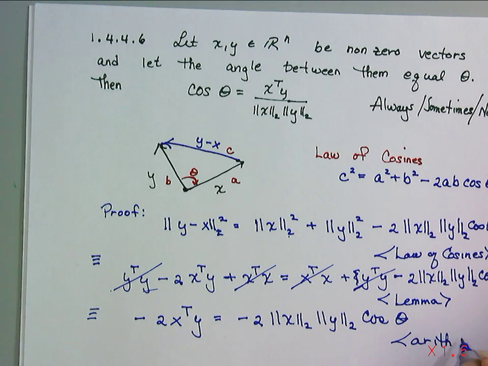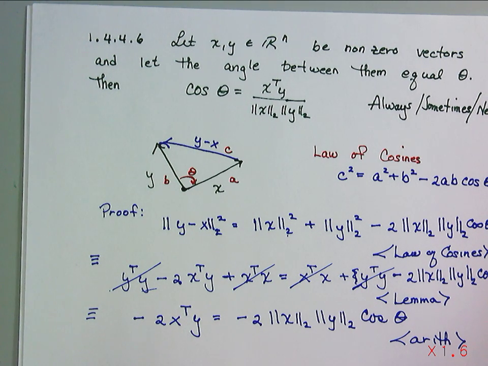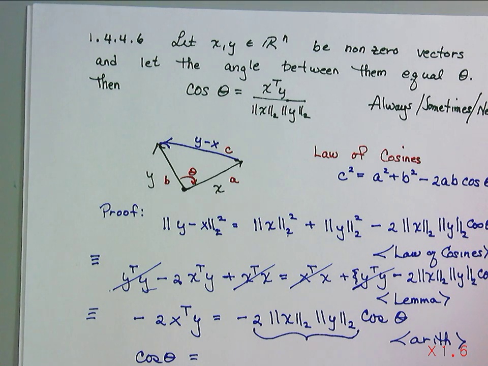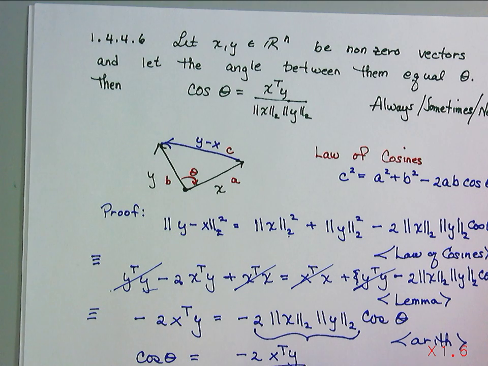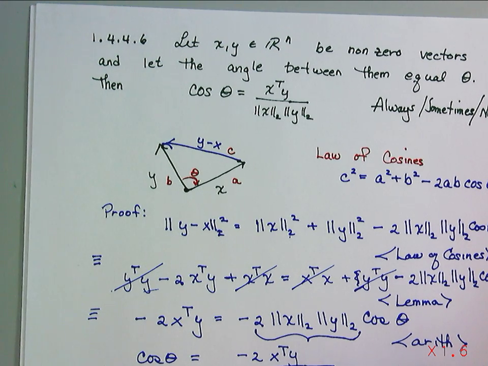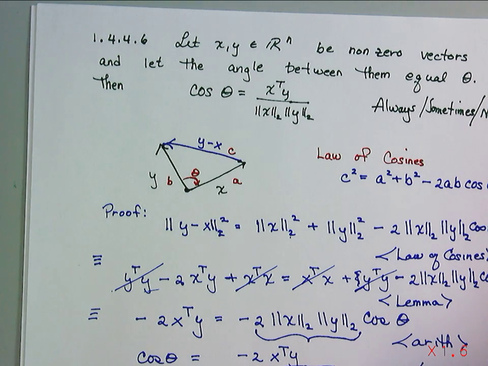When I wanted to simplify the equation, I could subtract like quantities from both sides. I want to solve for the cosine of theta. So what I'll do is divide both sides by this quantity. And the result will be minus 2 times x transpose y divided by minus 2 times the length of x times the length of y, again by arithmetic.